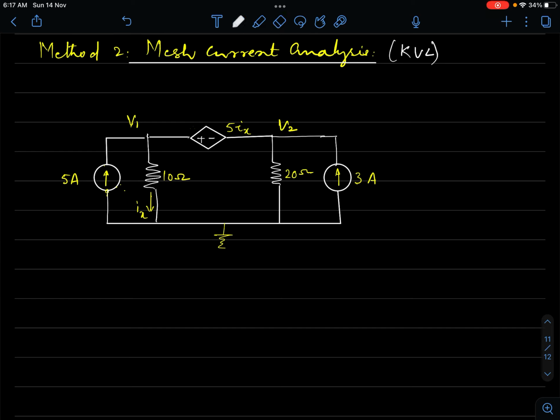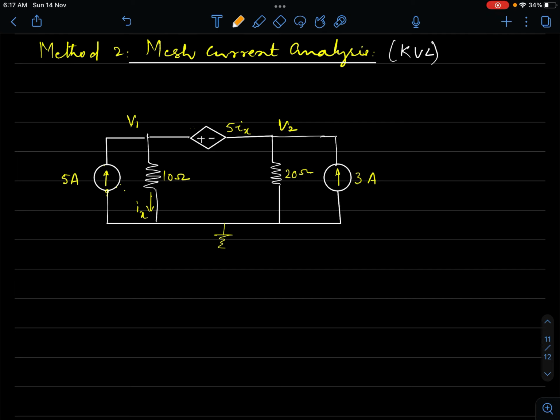How many meshes are seen? Having done these problems repeatedly, we can easily identify the meshes. A mesh is the smallest closed path of a network. So if I look at this network, I can identify a mesh here, and there's a third mesh. If I have a current source in a mesh, we know by now that the current in that particular mesh is nothing but the current source magnitude.